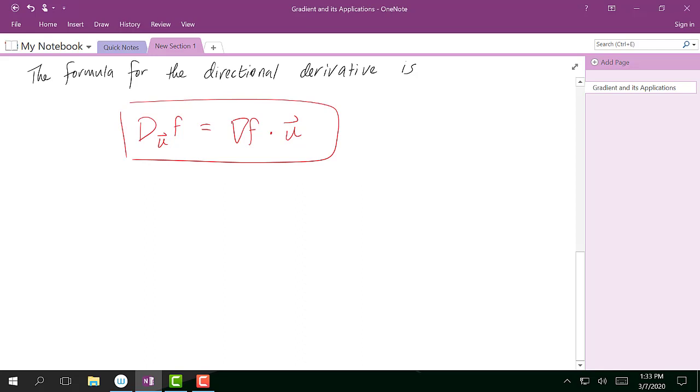And perhaps a better way of saying this is, this function f is going to be evaluated at some point, x naught, y naught. And so what we're going to get is the gradient of f at some point x naught, y naught, dotted with this vector u. Okay, and this should make sense.